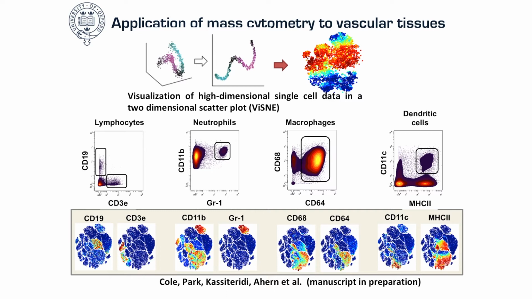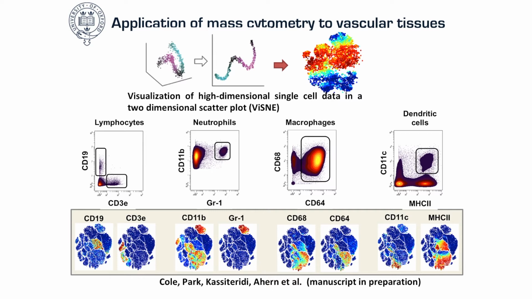First, I want to show you the data. In a reassuring manner, this is what you would see in your flow cytometry plot. And you can still look at the data under this guise. You can identify very nice separate cell populations, be it lymphocytes, neutrophils, macrophages, or dendritic cells. But you can also, as I spoke before about this viSNE plot, see how a viSNE plot is going to look once you are analyzing murine aorta cell digests.